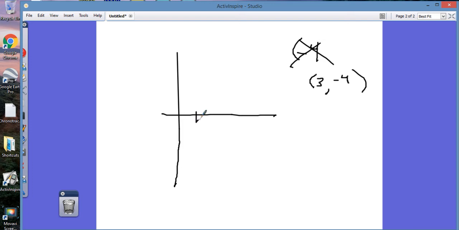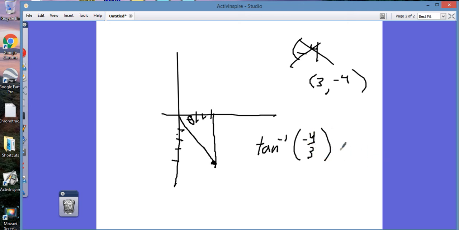So we've got 3, -4. Like you're doing in trigonometry, here is your 3, -4, and what we're going to calculate is this angle. Okay, so again, you're using your arctan, your inverse tangent. It's always y over x, so -4 over 3.